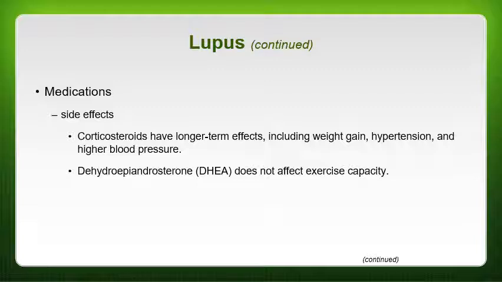If you've never heard of DHEA before, it's a steroid precursor produced in the adrenal glands, the gonads, and the brain. So that's something that can be supplemented. It's not necessarily approved for treatment, but for some of the issues associated with lupus, it could potentially be of benefit.